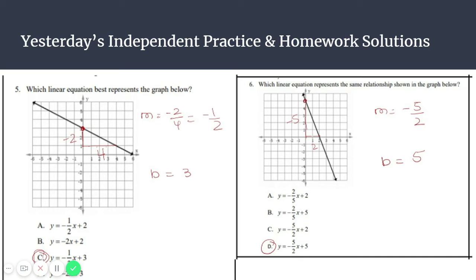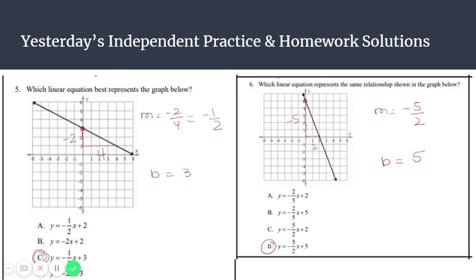If we're looking at our answer choices, we notice that we can get rid of choice A and choice C because they do not give us a y-intercept of 5, leaving us with B and D. Now we need to calculate the slope in order to determine which one of those is correct. Remember, your slope is your change in y over your change in x.